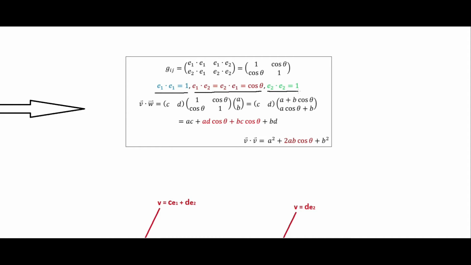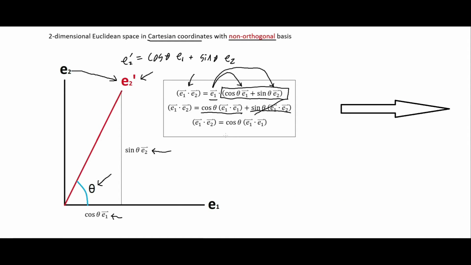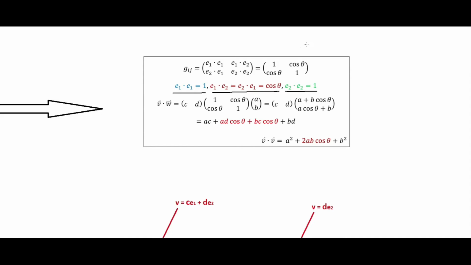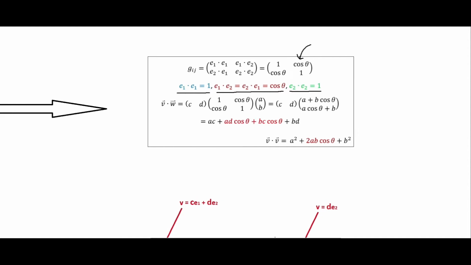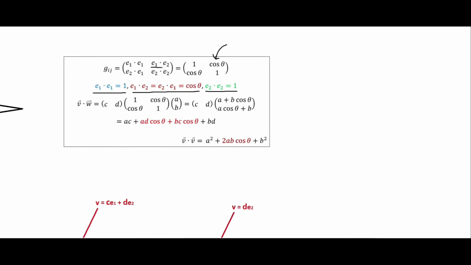And so this right here is where we got cosine in the off diagonal parts of it, because the sine, like I said, went away because it was times 0. So the E1 dot E2 is what we have here, and then the symmetric version is right here. That's how we get cosine theta in those off diagonals.